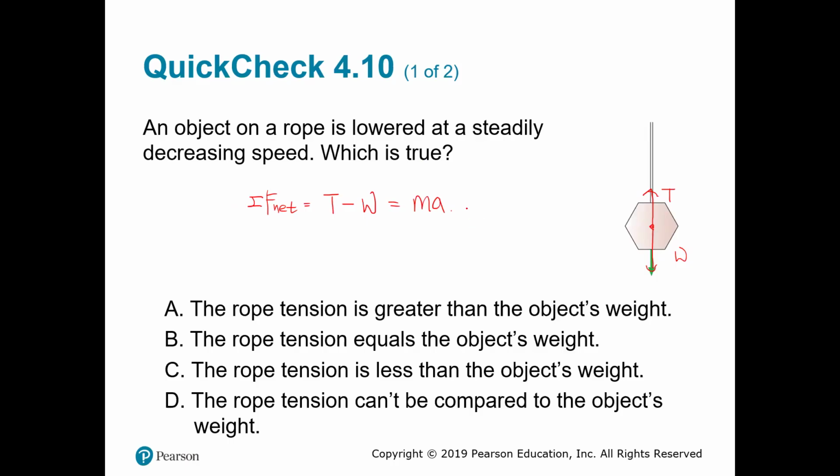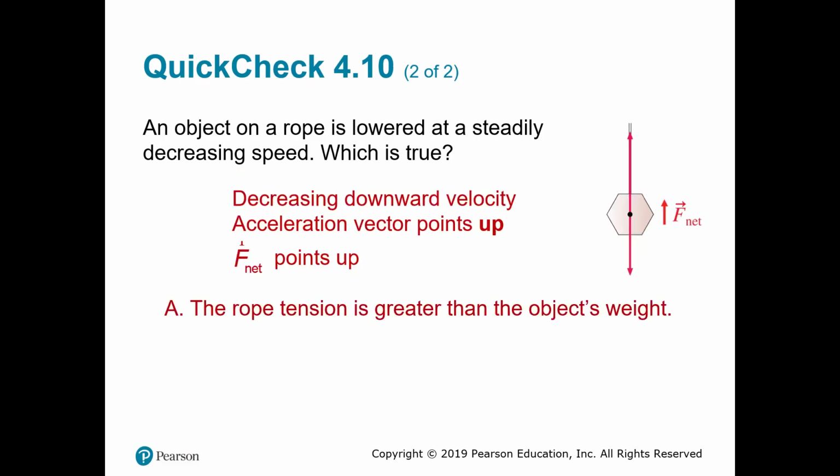But the speed is decreasing. What does that mean? Which force is greater? When it's lowered, the speed is slowing down, slowing down. So that means the tension is greater than W, because it's decreasing. So the answer is A, right?